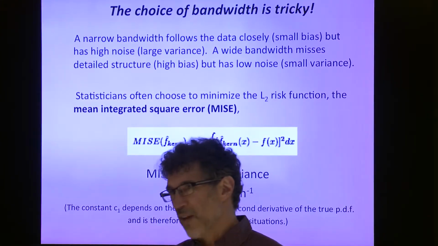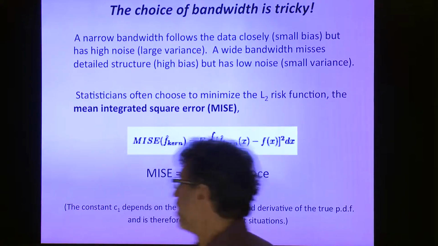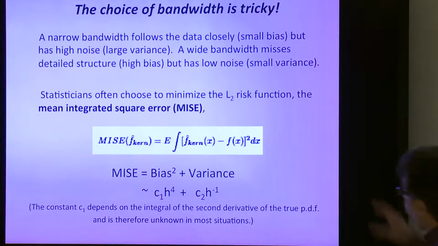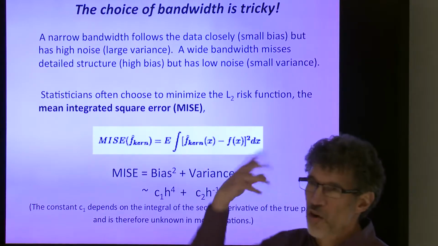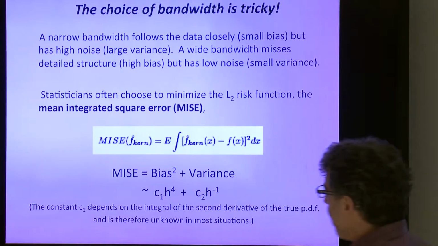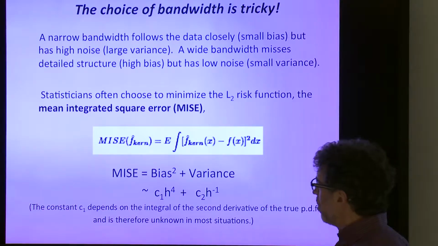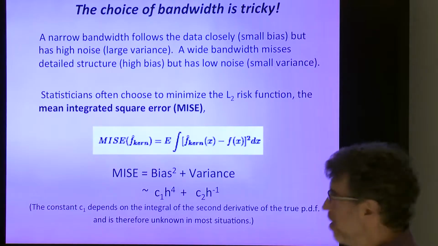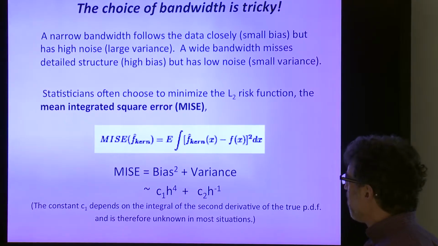This is where the astronomer basically doesn't know how to do it unless they happen to learn some statistics. But the statistician does. There's no formal rule about how to do it, but there's a very strong recommendation by the statisticians to minimize the L2 risk function known as the mean integrated squared error, or MISE. So choose a kernel width such that the MISE is minimized.